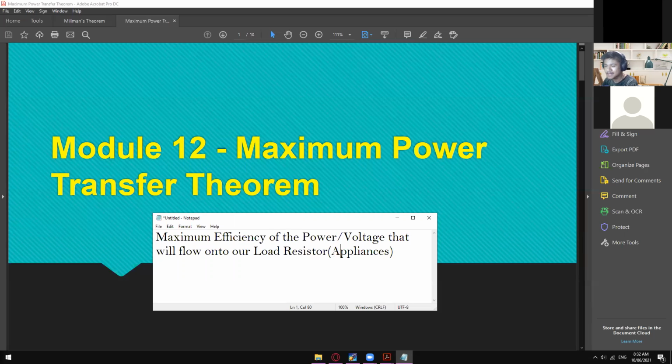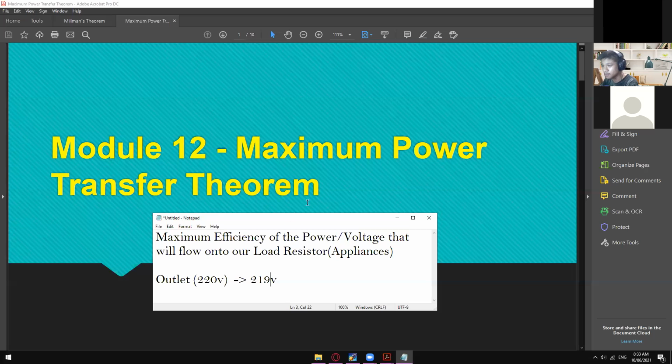Of course, we want to maximize everything from the source itself, like from the outlet. If we are getting a voltage of, let's say, 220 volts, then we should also be receiving a total of approximately 220 volts. If not, it could be 219. So we should at least maximize the voltage that's being outputted from our voltage source right here. So that's the purpose of this maximum power transfer theorem.